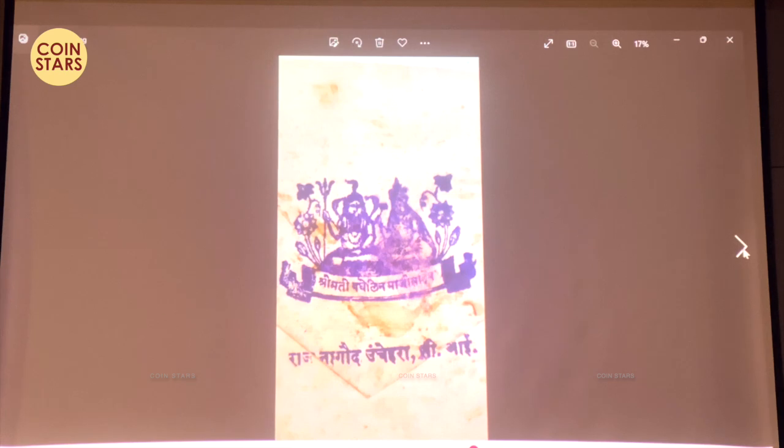Chhattisgarh. Possibly they had not much money, so this is a kind of rubber stamp they have used. And it is in the name of Srimati Bagelin Rani Sahib, Maji Sahib. Yes, Shankar Bhagwan and Parvati Mai sitting here.